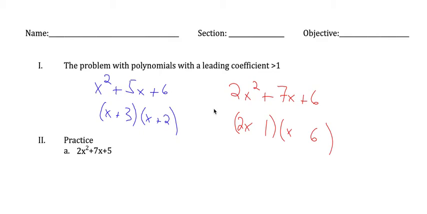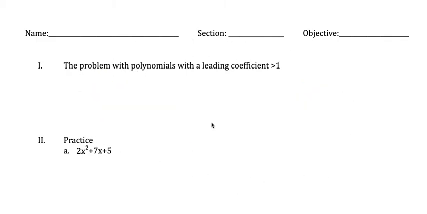So the relationship between the numbers in our final answer is changed because we have something other than x at the beginning of both of our parentheses.